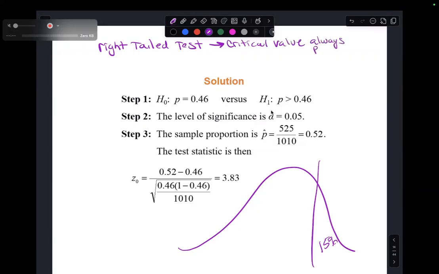Okay, left-tailed test: critical value, always negative.